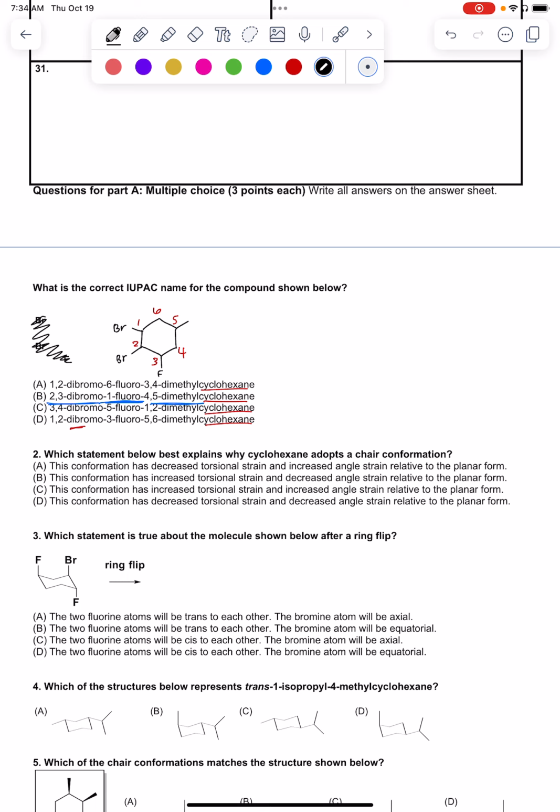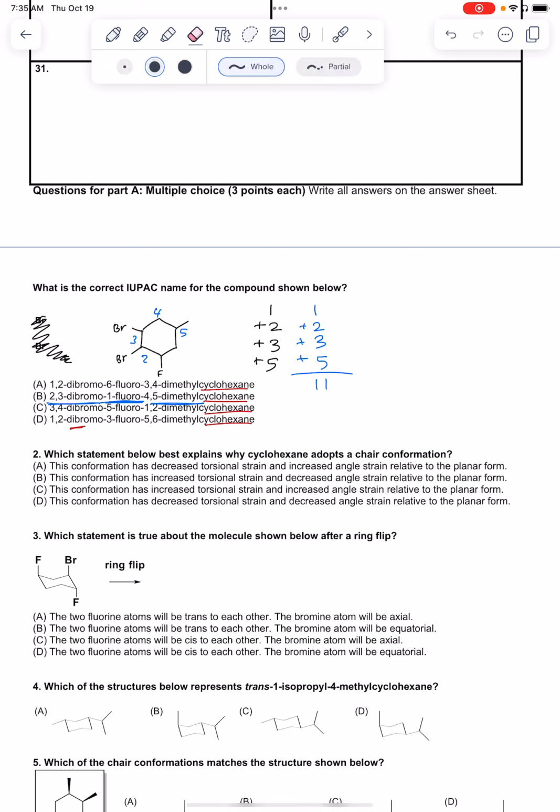And that would give me 1 plus 2 plus 3 plus 5. If I started from fluorine, 1, 2, 3, 4, 5, I would get the same thing. 1 plus 2 plus 3 plus 5. So they're going to equal the same thing. It's going to be 11. And that means that I need something else to break the tie.